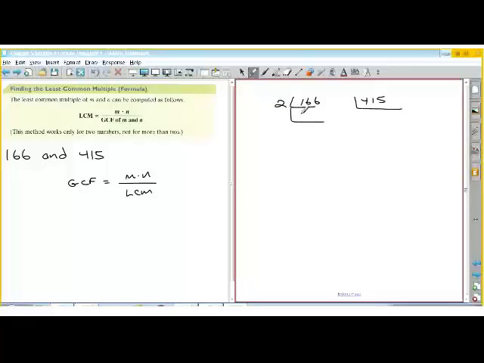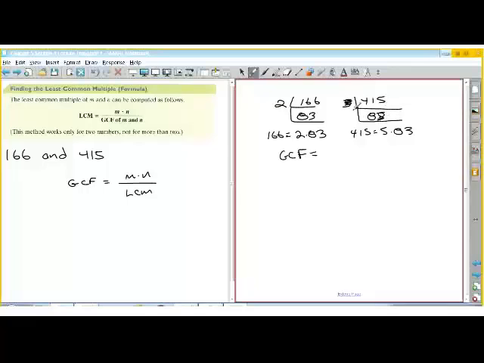I'll do them separately. We divide 166 by 2 and we get 83. I think that's a prime number, so we stop there. And you can divide 415 by 5, which gives 83. So the prime factorization of 166 is 2 times 83, and 415 is 5 times 83.